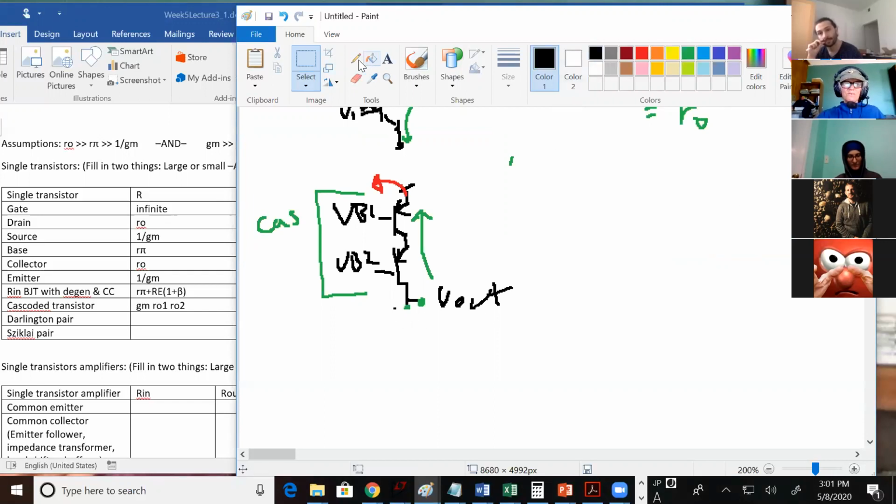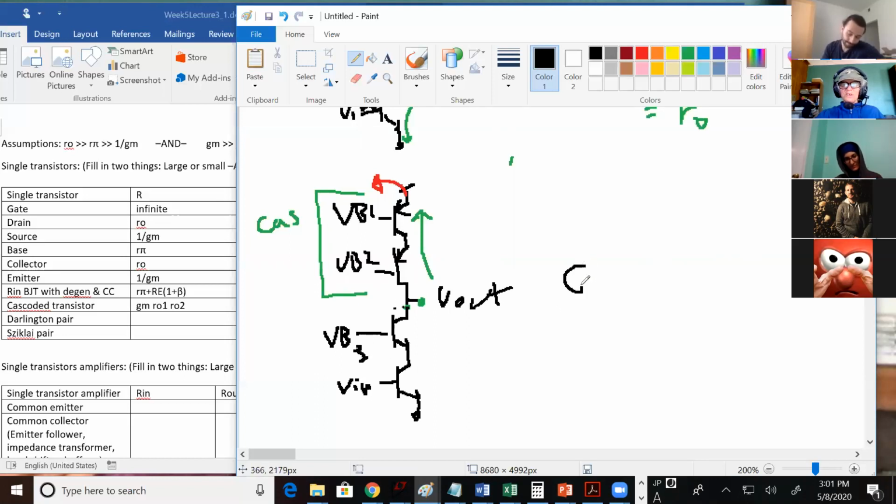Exactly. So if you cascode below also, I always go over with y'all. I'm sorry about that. So V in, and I'll put another V bias here, VB3. And your GM is still going to be negative GM. What's your R out now?